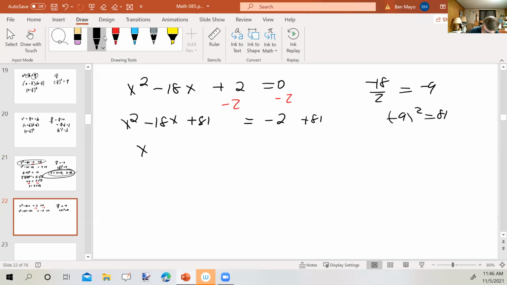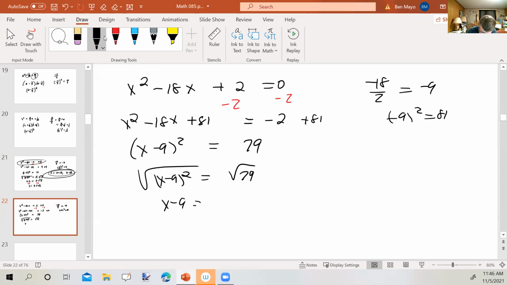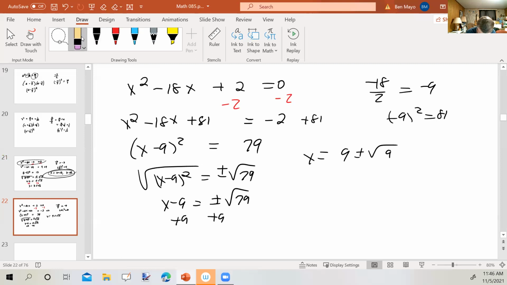On the left side, I now have x minus 9, the quantity squared, and on the right side, I have 79. Okay, taking the square root of both sides, I get x minus 9 equals plus or minus the square root of 79. Adding 9 to both sides, x equals 9 plus or minus the square root of 79. Now, 79 is prime, so I can't simplify that radical any, but let's go on and do this.